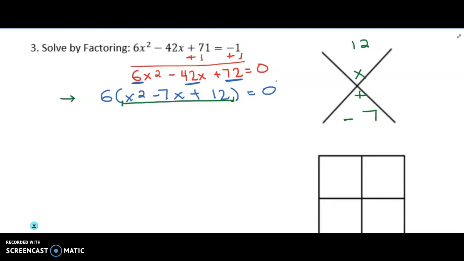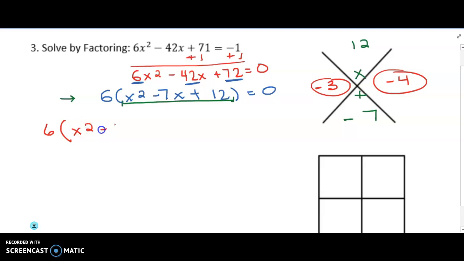All right, so the 2 numbers that multiply to positive 12 and add to negative 7, you should have gotten negative 3 and negative 4. Okay, so when you rewrote this, you should have gotten 6 parentheses, x squared minus 3x minus 4x plus 12 equals 0.